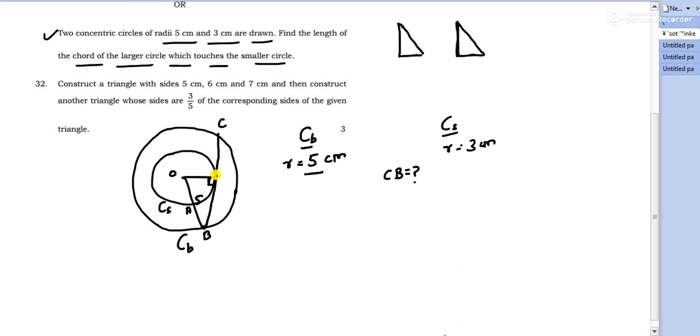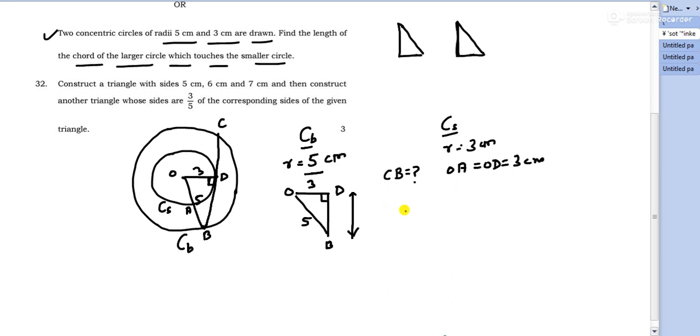And if I name this point as D, you can see OD and OA are the same, correct? So OA and OD are equal to 3 centimeter. So if I write this figure like this, you can see this is triangle ODB, and you have this as 5 centimeter, this as 3 centimeter, and this you have to find.